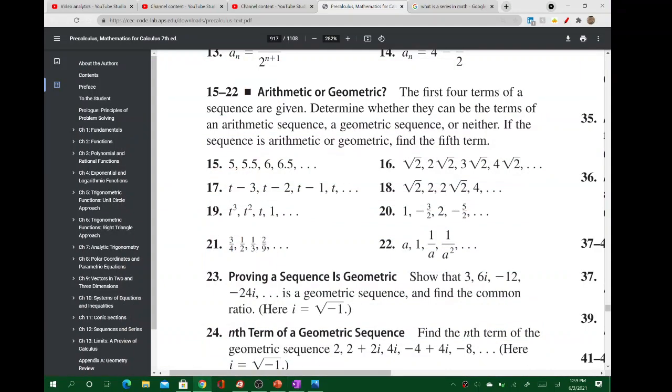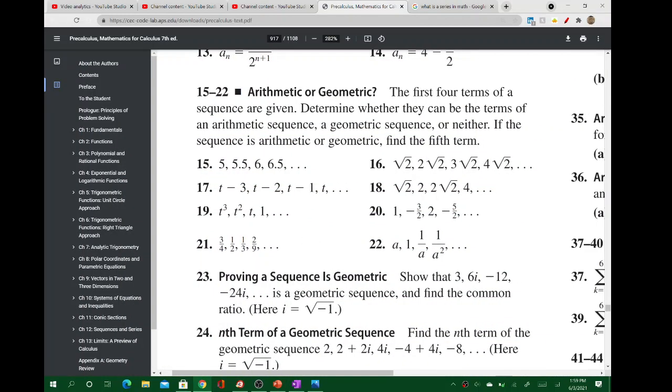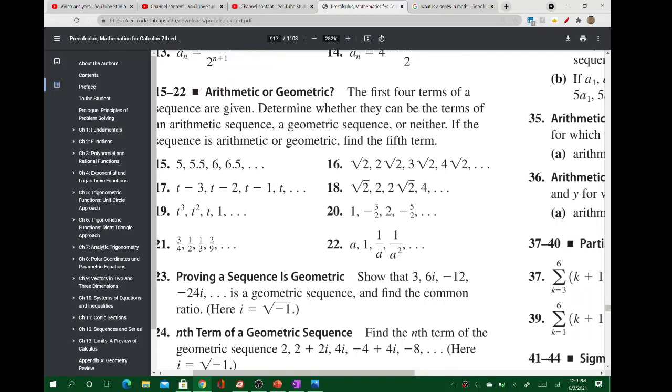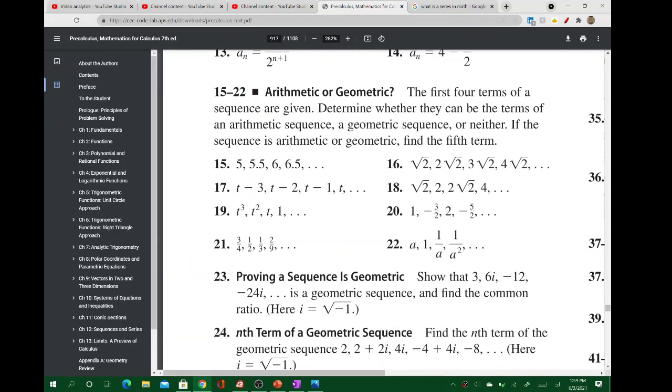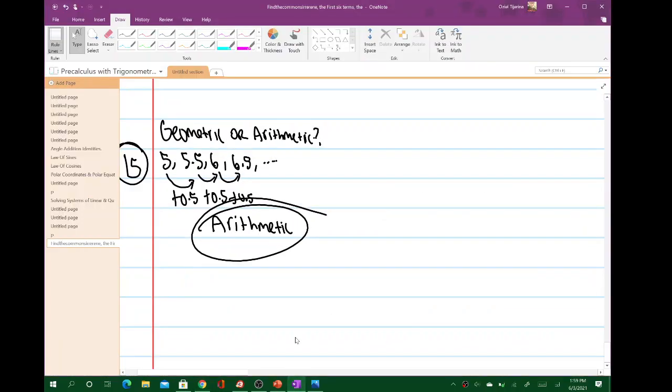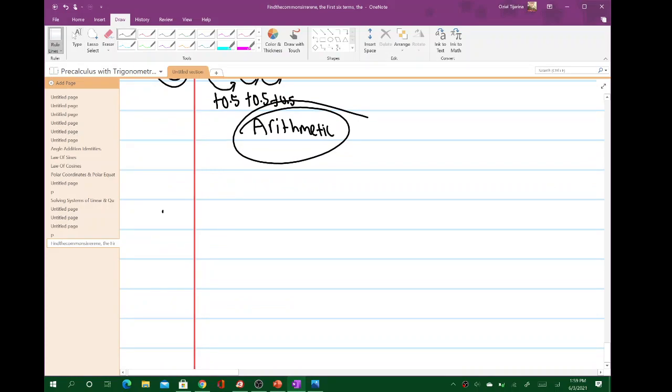Now, let's look at number 21, okay? That one is a little bit trickier.